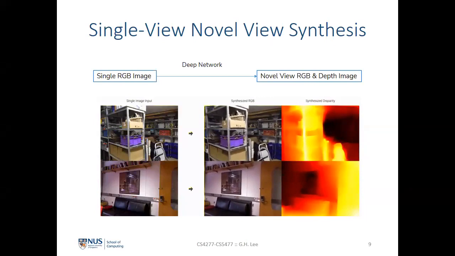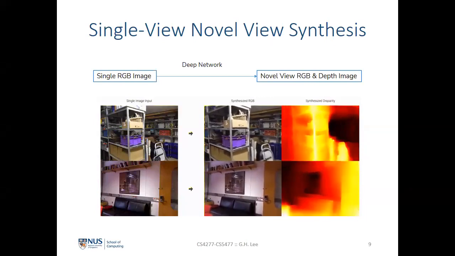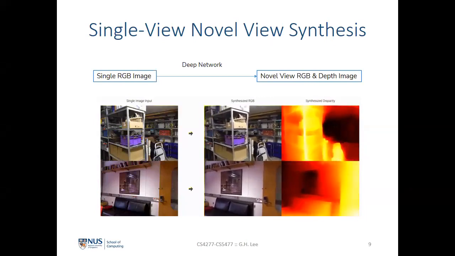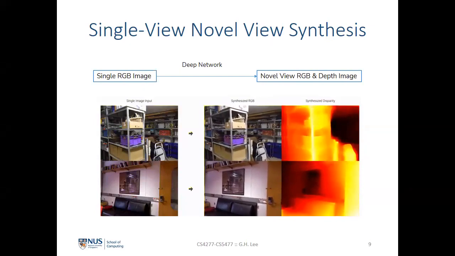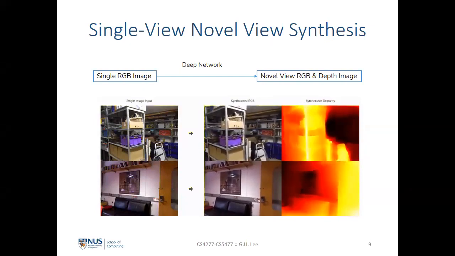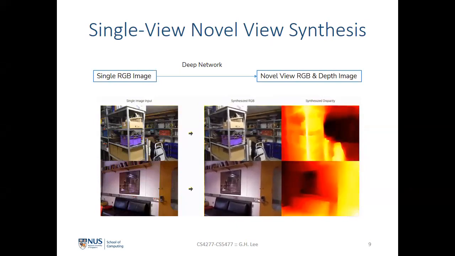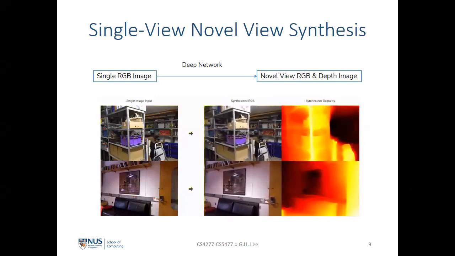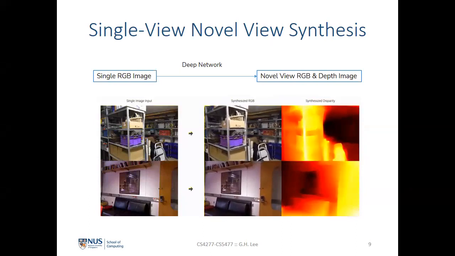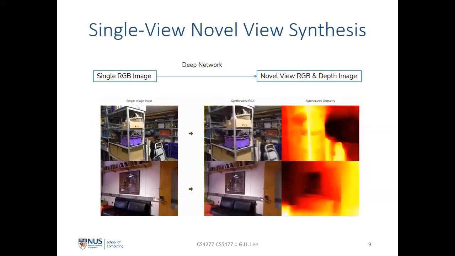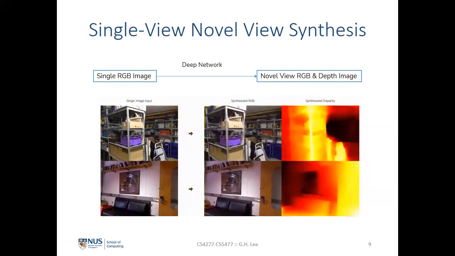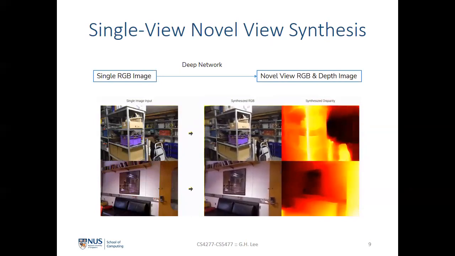Okay, and what you want is to synthesize those novel views. Take note that although we are synthesizing novel views, this is in contrast to generative models, which you are probably familiar with: GANs, diffusion models, normalizing flows, VAEs and so on.